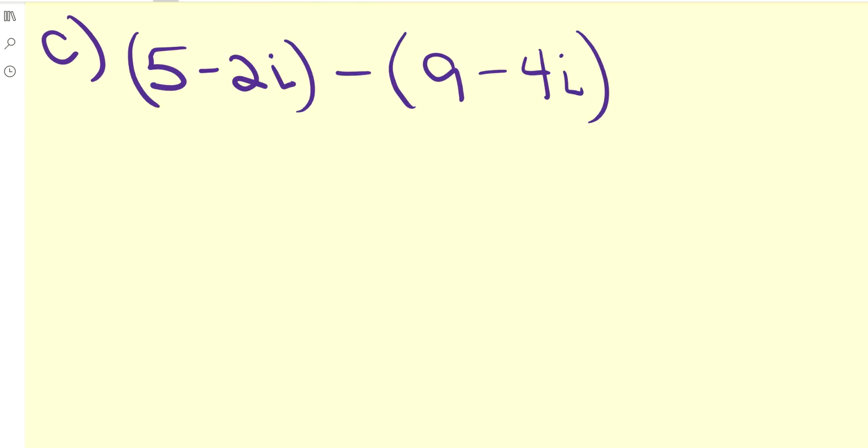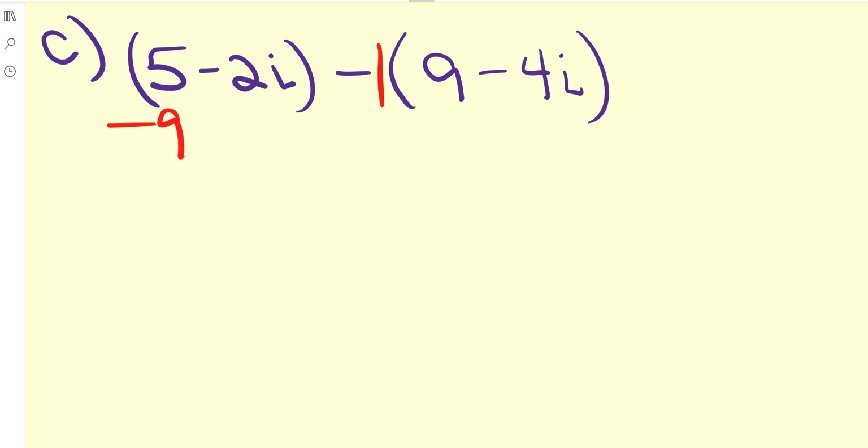Okay, here's another one. And again, note, it's a subtraction problem. So I can't just drop off my parentheses and start combining. I have to distribute the negative 1. Put it there and do the distribution. And put your answer for each component underneath the like term in the first parentheses. Negative 1 times 9, negative 9.